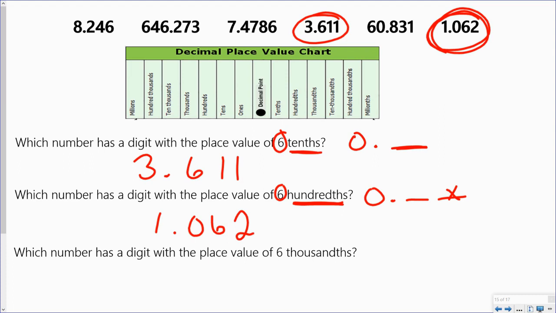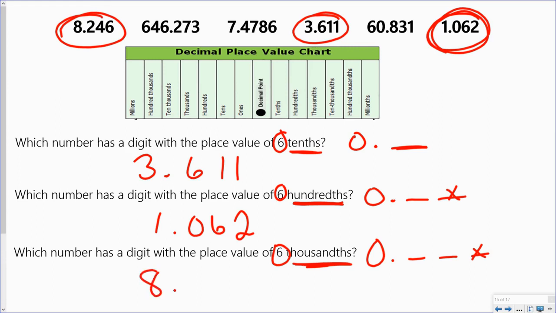Here I have which number has a digit with a place value of 6 thousandths. And again, thousandths is 3 numbers to the right of the decimal, which would be right here. And when I look at those numbers, that would be this one right here, because I have 8 decimal, 2, 4, and my 6 is the third number to the right of the decimal.